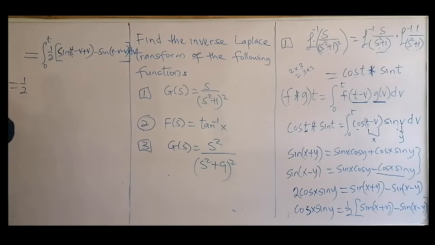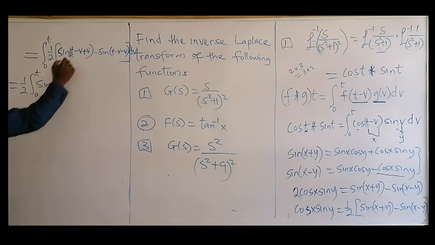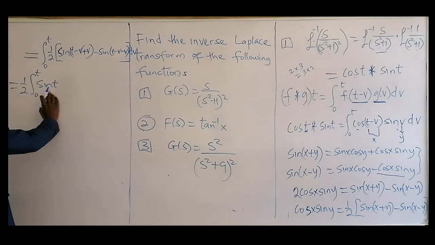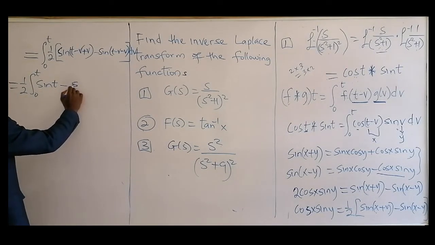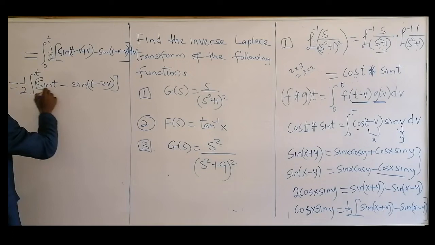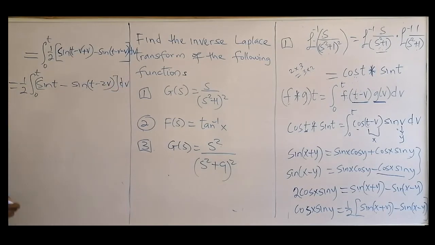The half could be outside if you want to, and that will be integral from 0 to t, and that will be sine minus b plus b, and that will be sine b. So that will be sine t here, then minus sine t minus 2b. Then you close that dv.